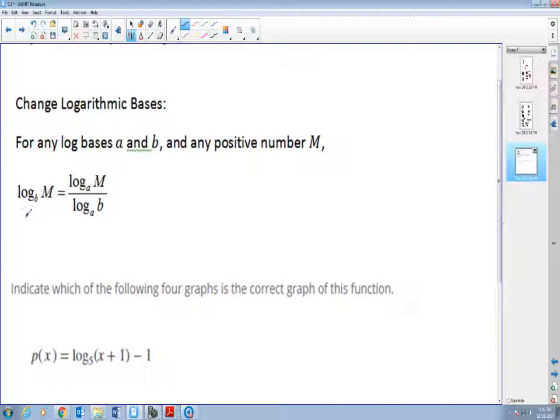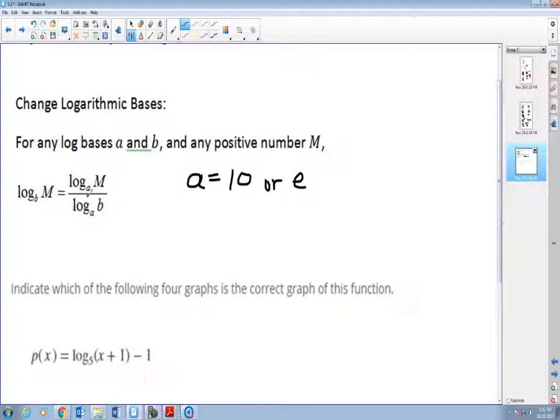A log with the base b of m, where m has to be positive, and b and a are your bases, we can convert into log with the base a of m over log with the base a of b. So b is whatever that base is, m is whatever I'm taking the log of. But what's base a? Base a can actually be 10 or base e.